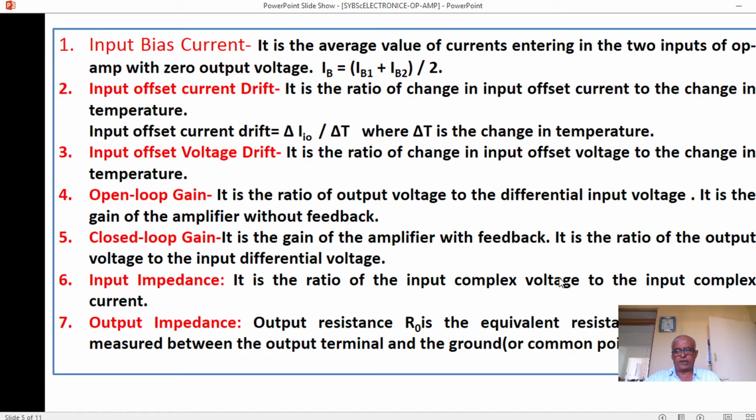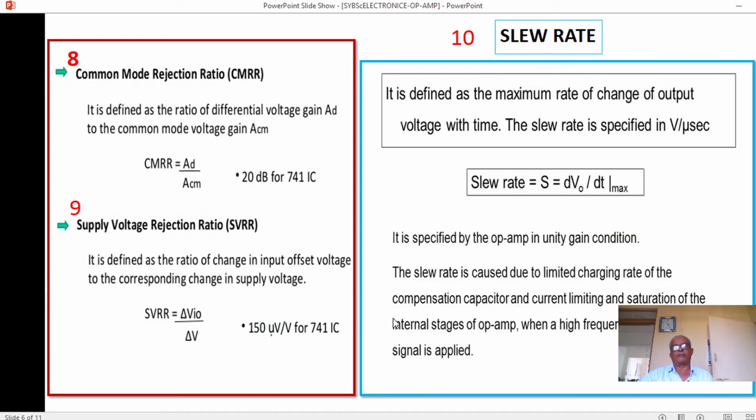It is the ratio of voltage upon current, according to Ohm's law, because Ohm's law tells that V is equal to IR, so resistance is the ratio of voltage and current. Similarly, output impedance is the resistance seen at the output terminal looking into the op-amp.